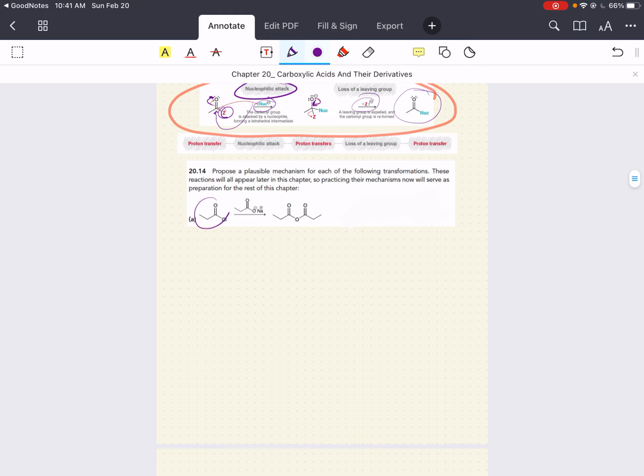Here is our starting material. We're going to go ahead and draw it. It's an acid halide, specifically an acid chloride. We're going to treat it with this nucleophile here.